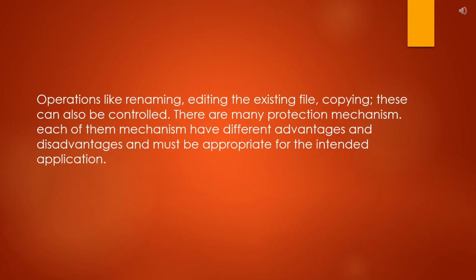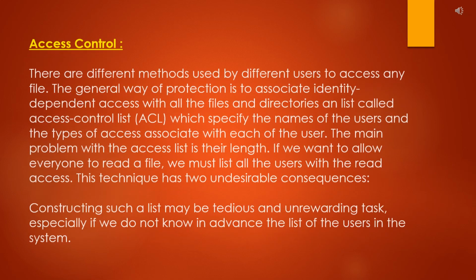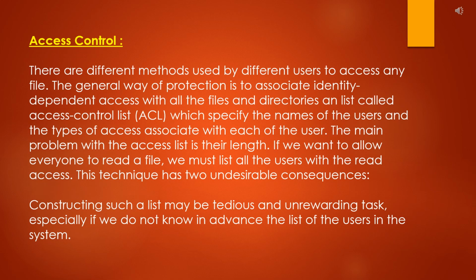There are many protection mechanisms. Each of them has different advantages and disadvantages and must be appropriate for the intended application. Now, what is access control? There are different methods used by different users to access any file.